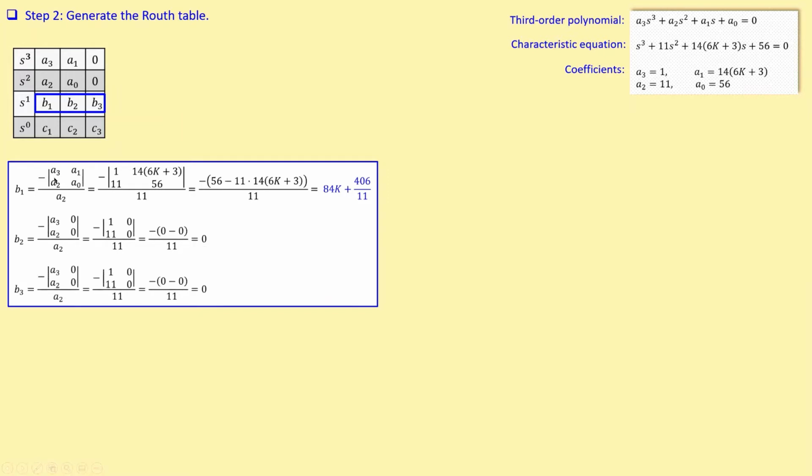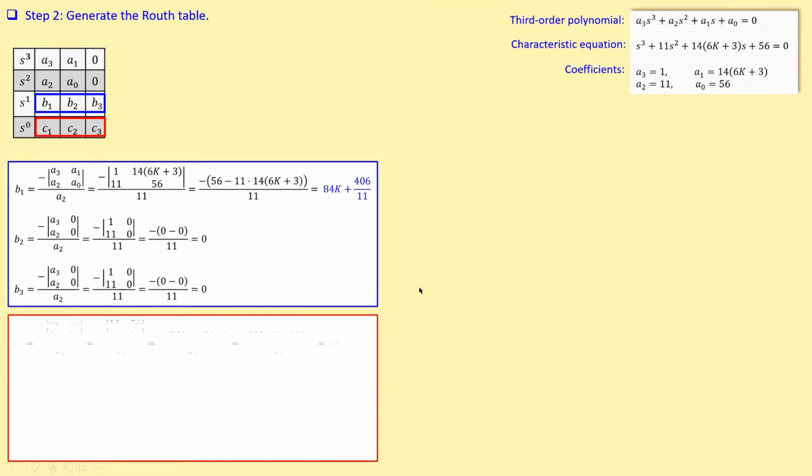Remember, it is the same for the first column, but you shift: for B1 you use this column, for B2 you use this column, and for B3 you use this column, which is for sure 0, and that will all produce 0. So we will only have the B1, which is non-zero. In similar form, we can now make the calculation for this row, which is shown here. C1, again, we have done this many times in the previous video, so I will not go into too much detail, but you will see that there's a similar calculation, and this will be 56.